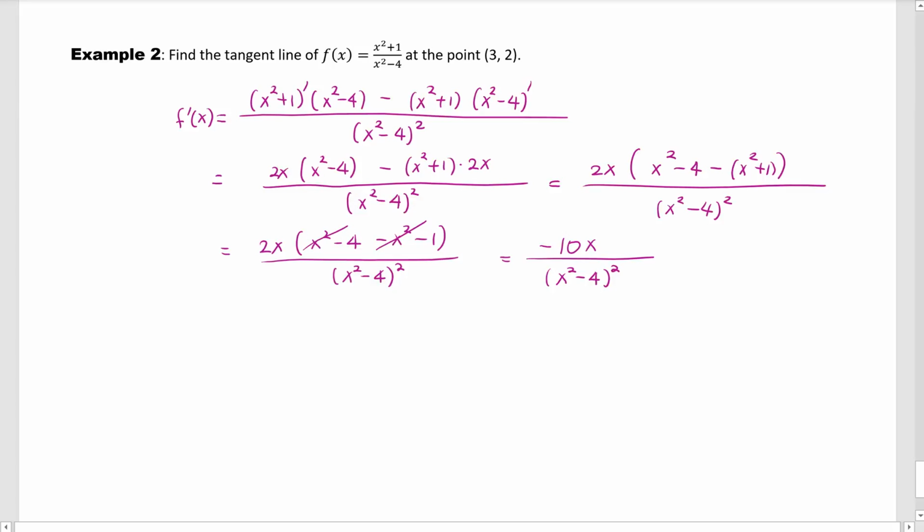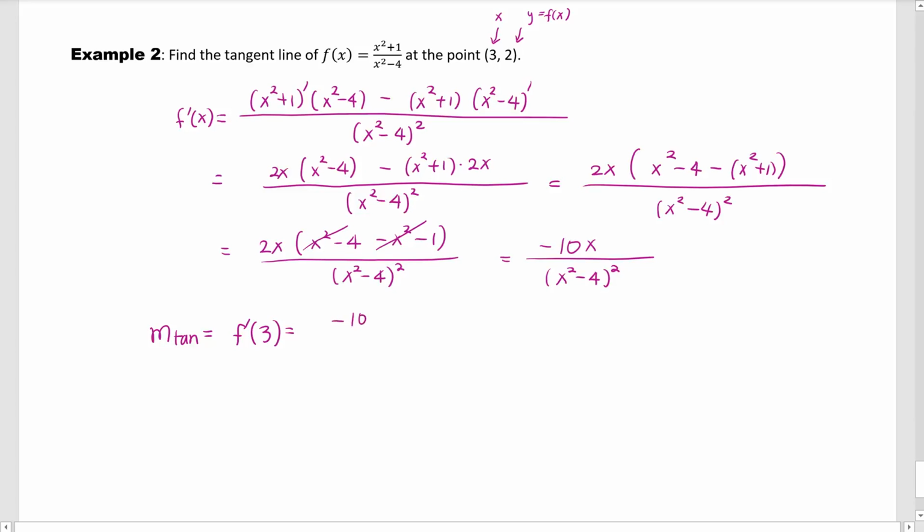Okay, then we want to find the tangent line. So we want to find m tangent. Well, that is, we plug in x. What is x? Is it x = 3 or is it x = 2? We plug in x is 3, and then the y, the f of x, is 2, right? So f prime of 3.